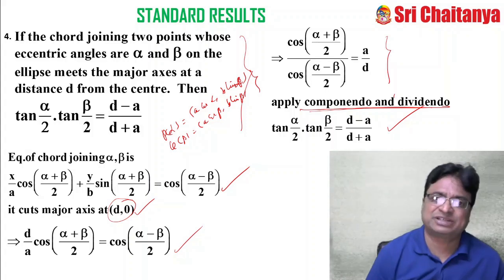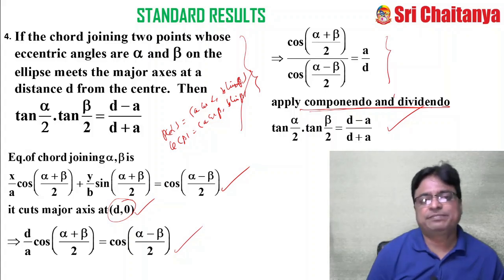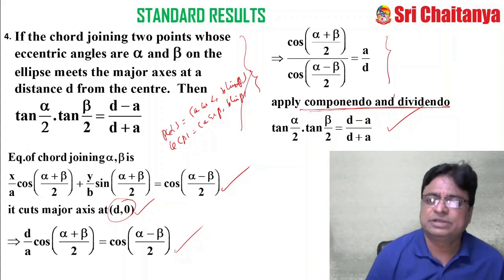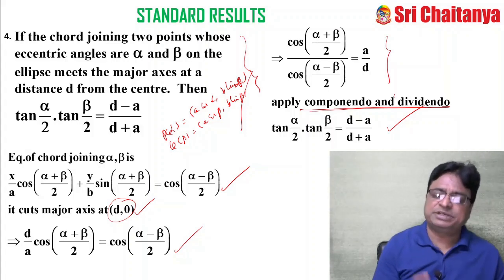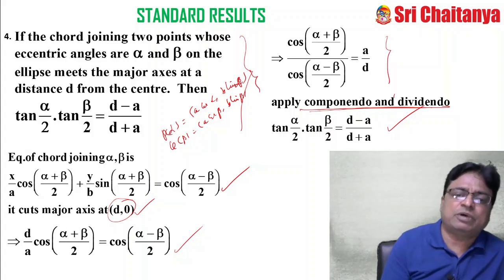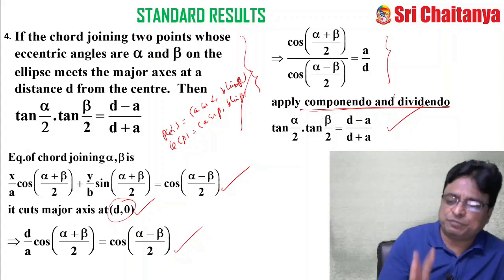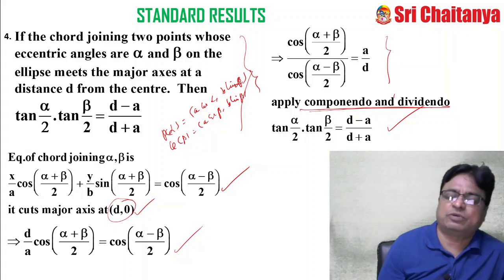Then in that case, the answer would be (e minus a) by (e plus a). Like that you can get it. So please practice all this standard information, as entire ellipse problems may focus on these results only. If you master this, you will get an idea, and with the idea, you can solve something more.